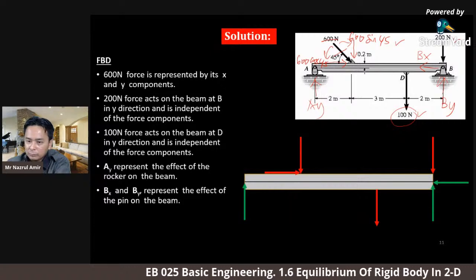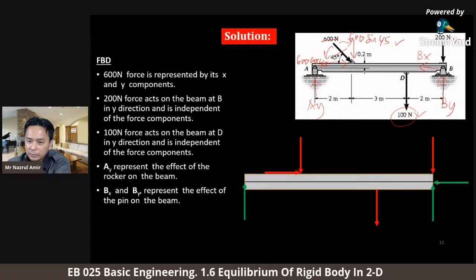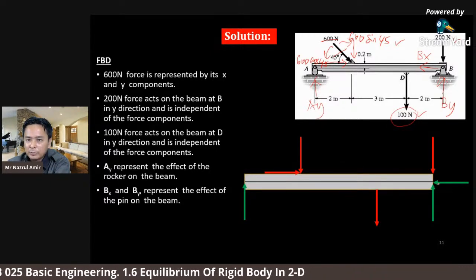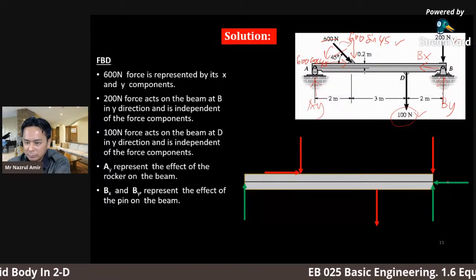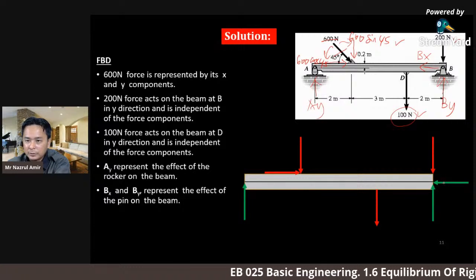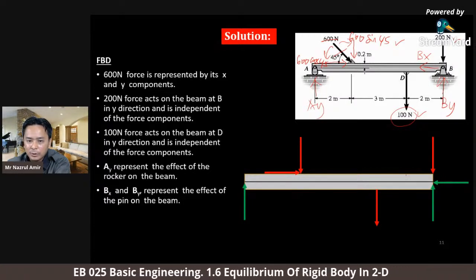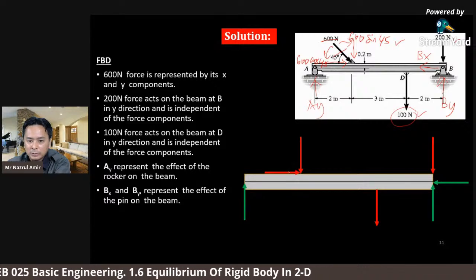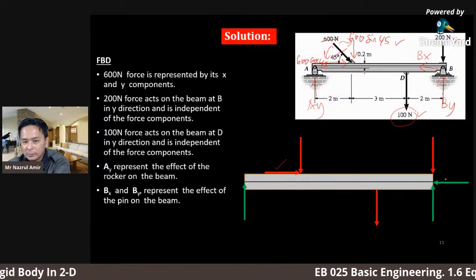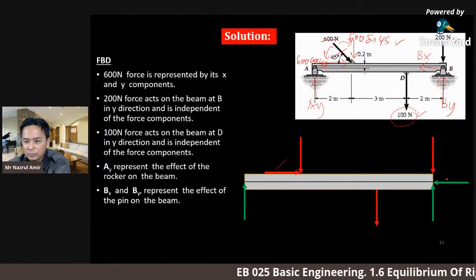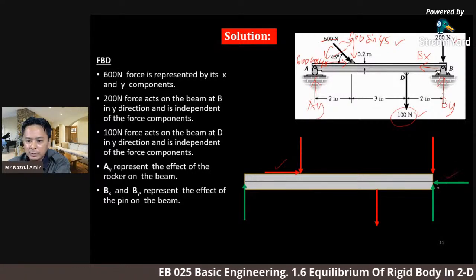Although we could assume, now that I have shown you with a little bit of analysis, this direction is actually the real direction of the BX, because it only has one opponent here. The 600 Newton cos 45 is an action force, so it will be opposed by Bx as a reaction force.